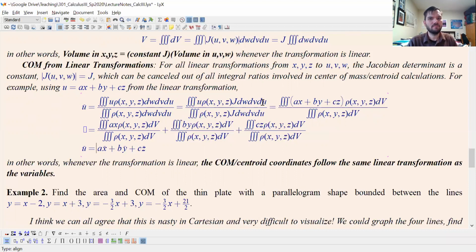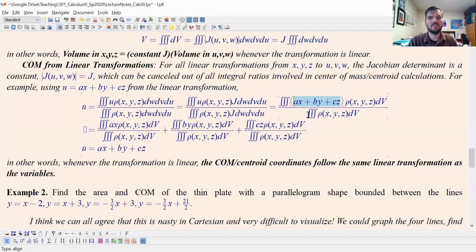And then we multiply top and bottom by the Jacobian, which is constant because it's a linear transformation. And once we have that Jacobian in there, we can move over into the x, y, and z space, get our dV piece, and then translate our u into the x, y, and z space.